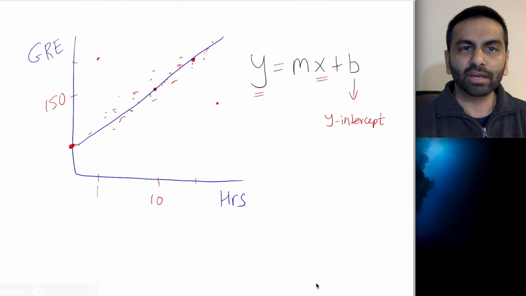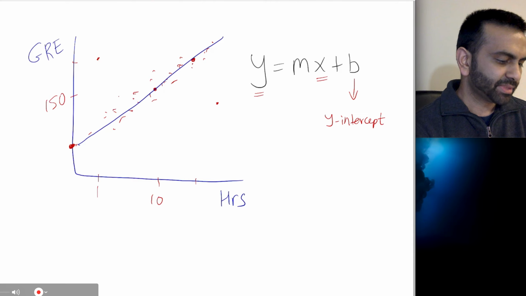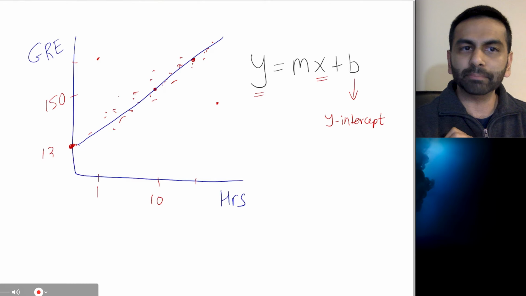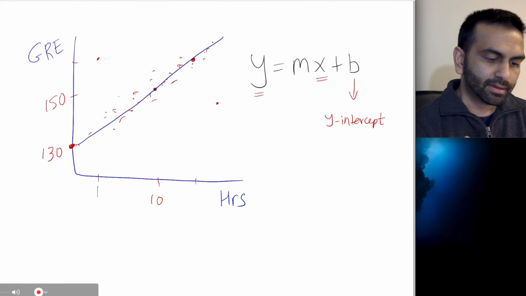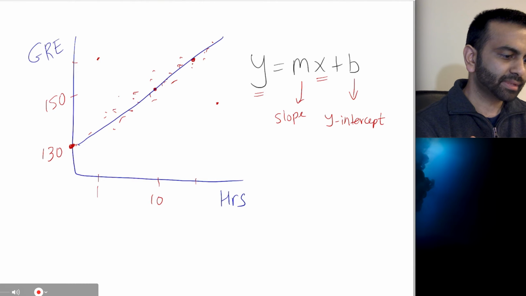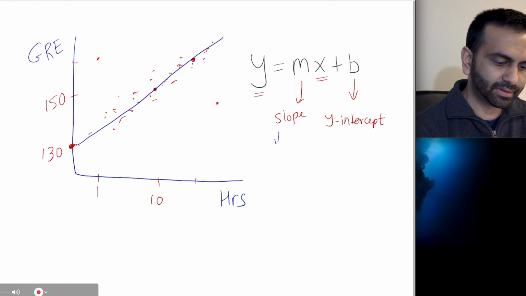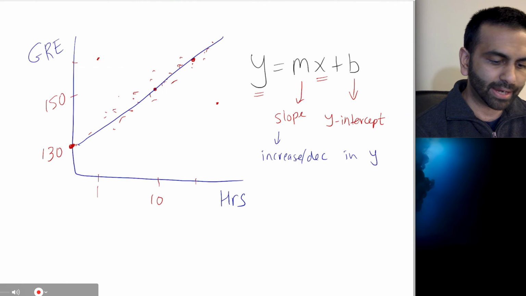So let's say if the best line of best fit started off here at a score of 130, well, then that's our b. So 130. This m is called the slope. The interpretation of the slope is that the slope is the increase or decrease, if it's negative, in y when x goes up by 1.